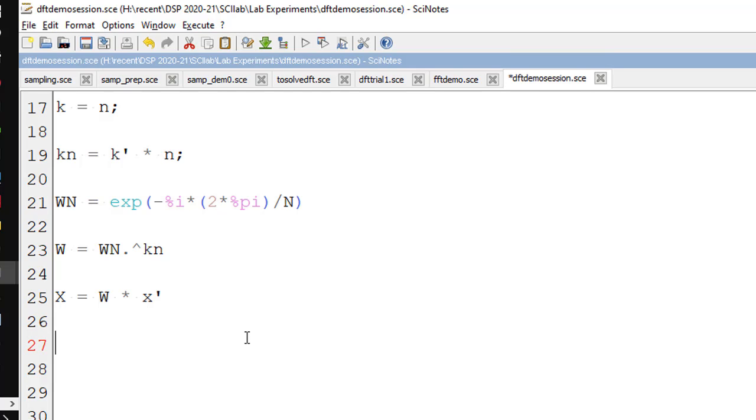So let me display the result. The command is disp of, in a single quote, write the message 4-point DFT of the given time domain sequence is, put a comma, close the quote, put a comma, and the variable where my result is, which is capital X. I just give capital X. Try to run it.